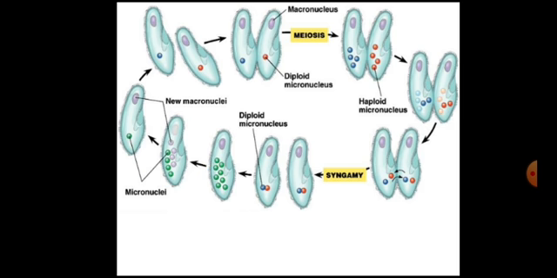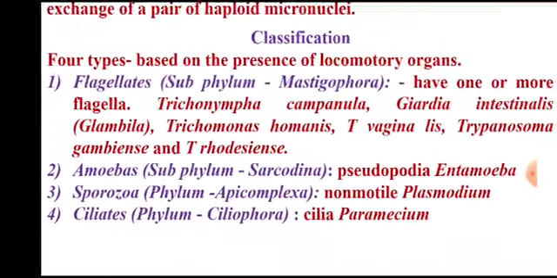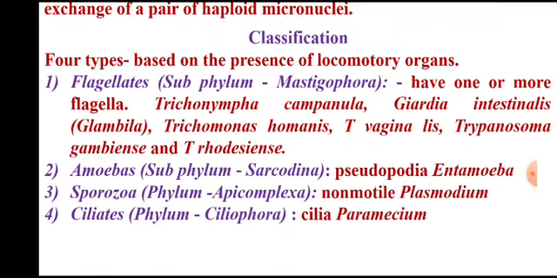So we'll go back to the general characteristics again. This is the classification scheme. Classification is based on the presence or absence of locomotory organ, and if present, what type of locomotory organ. If it is flagella, then that category is called flagellates. Subphylum is Mastigophora. These protozoans have one or more flagellum.